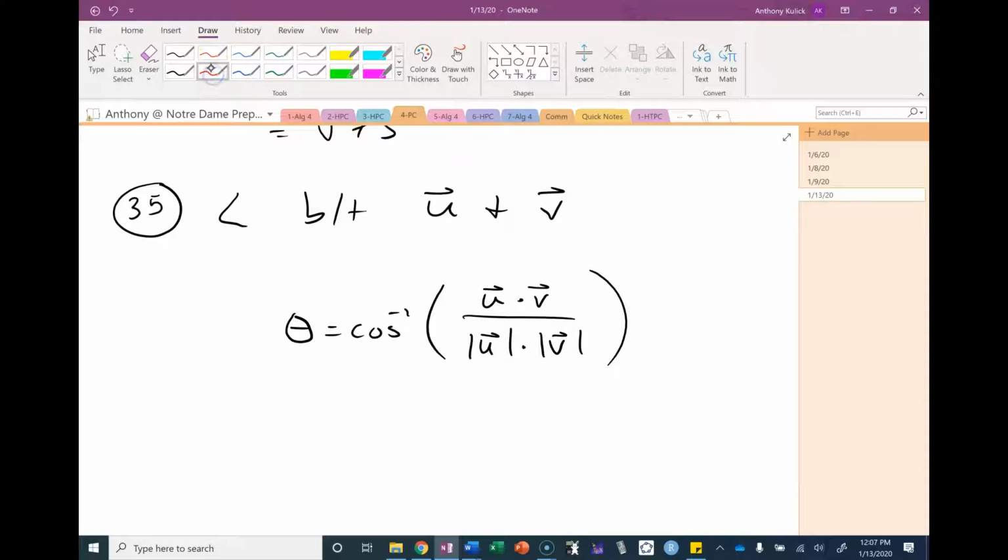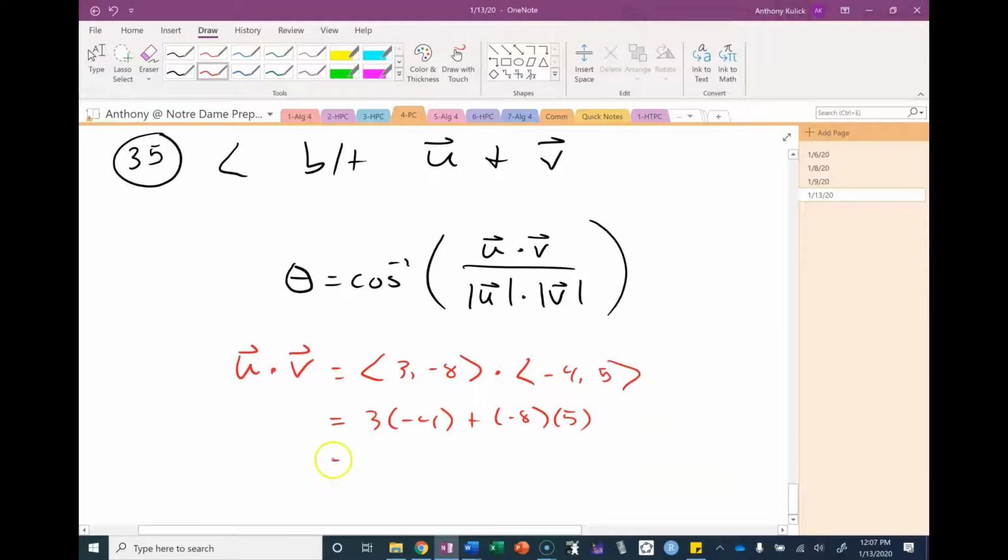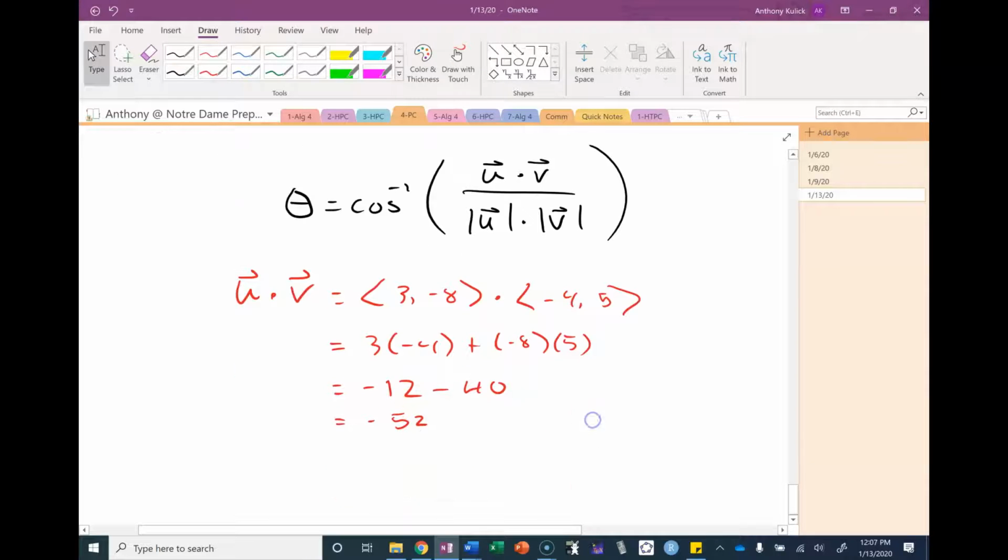So if I was going to do u dot v, that's going to be 3, -8, dot, -4, 5. That gives me -12 minus 40, or -52. Okay there?